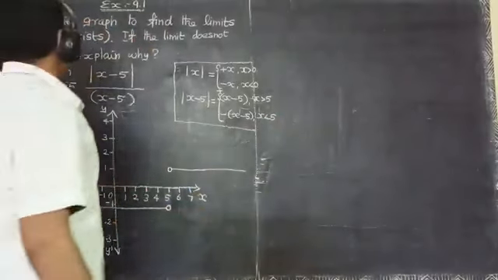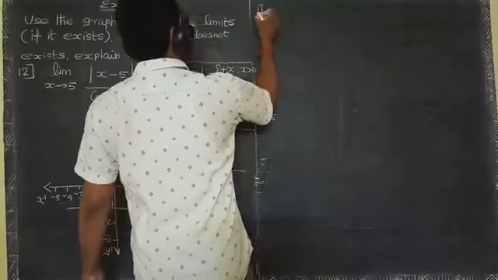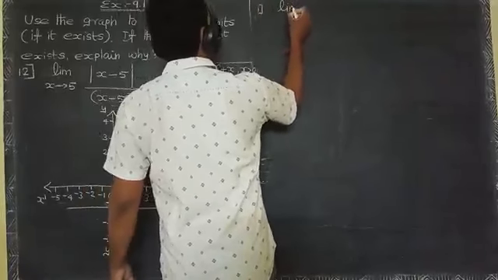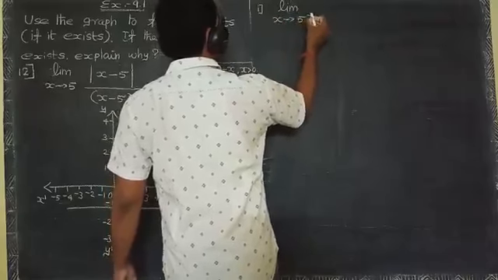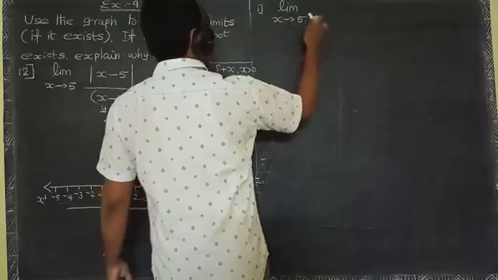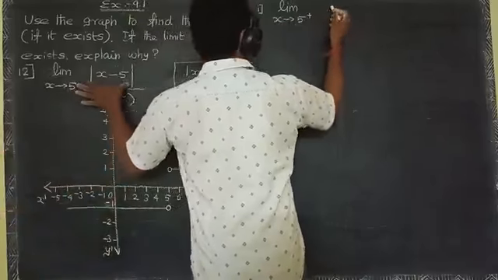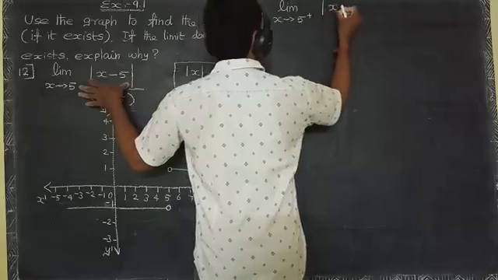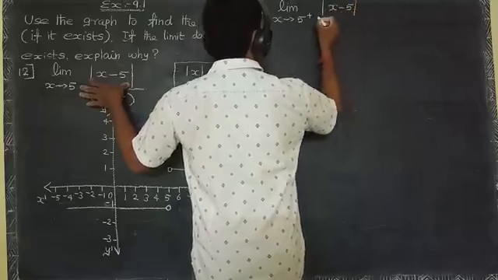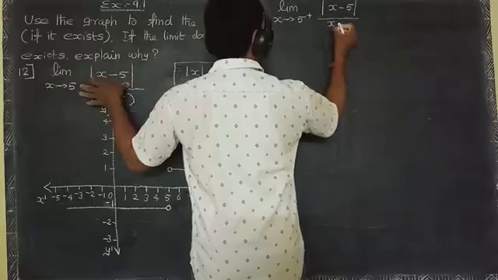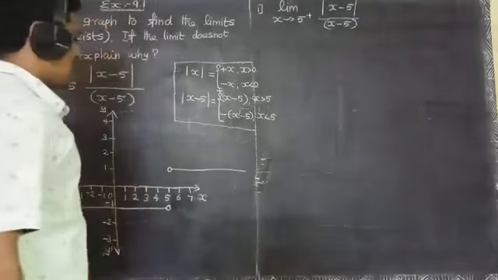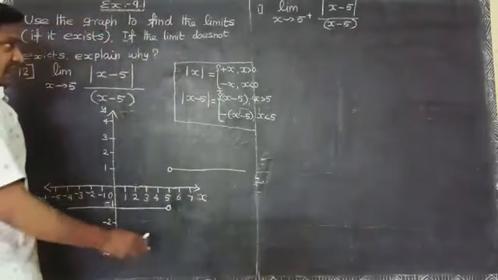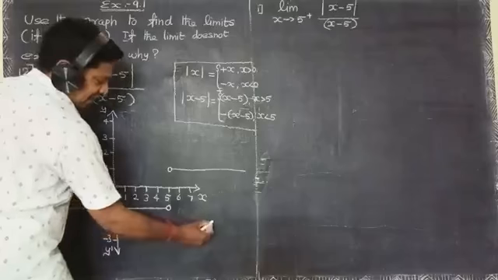Okay, in the first one, limit x approaches 5 plus, the absolute value function |x minus 5| divided by x minus 5. Here, 5 plus means x approaches 5 from the right side.